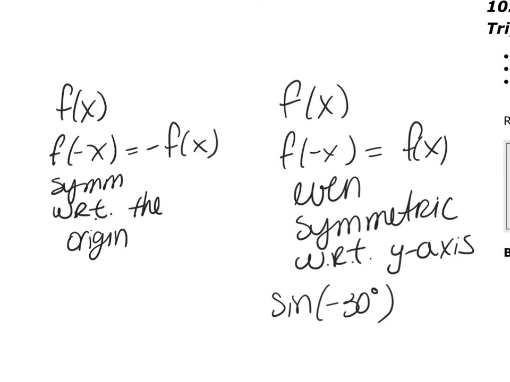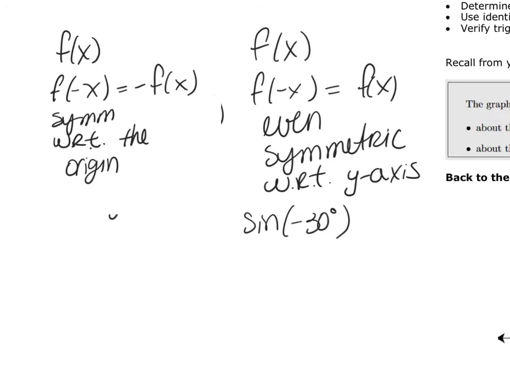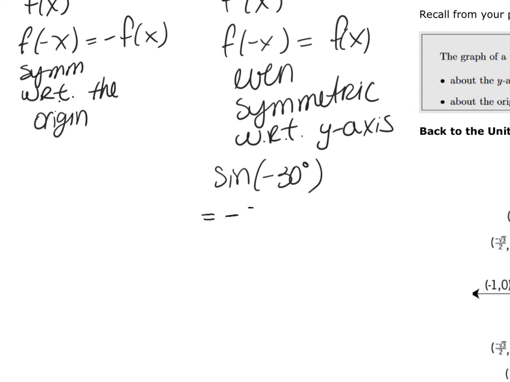In particular, sine is one of the ones that is odd. So if I want to know the sine of negative 30 degrees, I can write this as the negative sine of 30 degrees because sine is an odd function. So I can just evaluate the sine of 30 degrees and slap a negative on that answer.